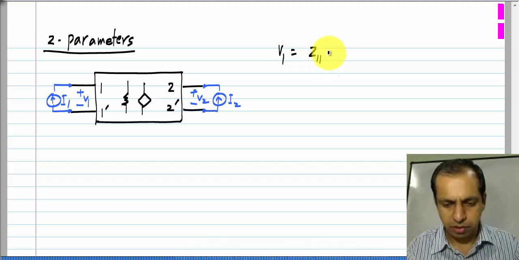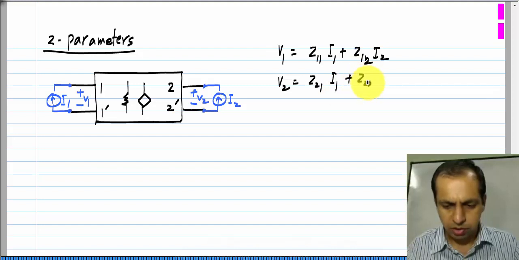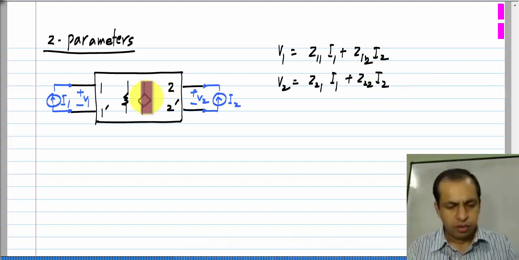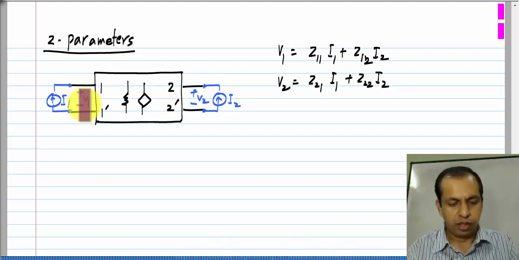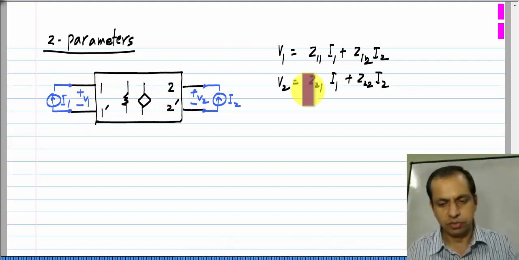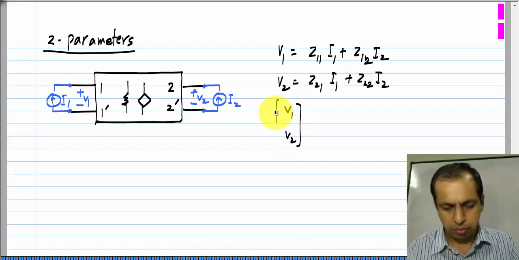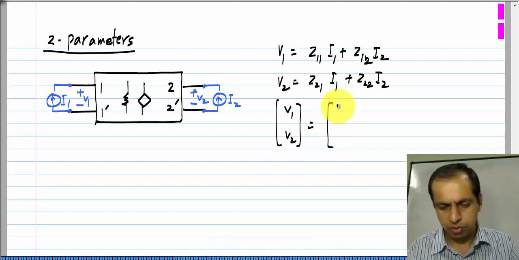V 1 will be Z 11 I 1 plus Z 12 I 2, V 2 will be Z 21 I 1 plus Z 22 I 2. As usual, mind the directions of voltages and currents. They follow the passive sign convention, and this is usually also represented in a matrix form.